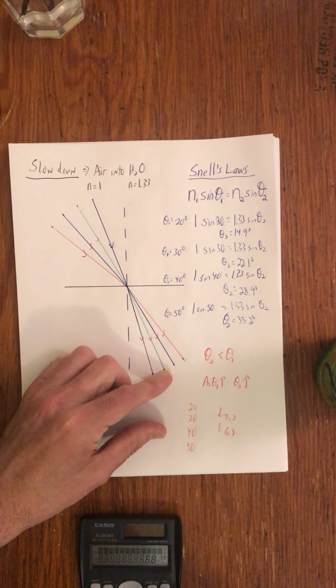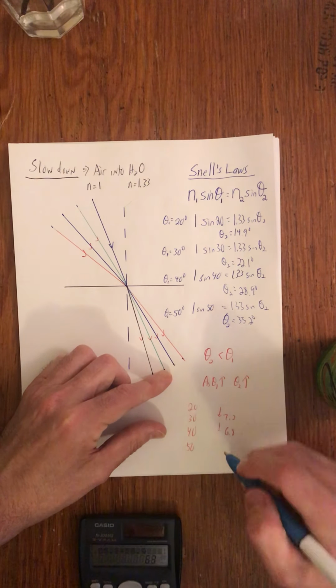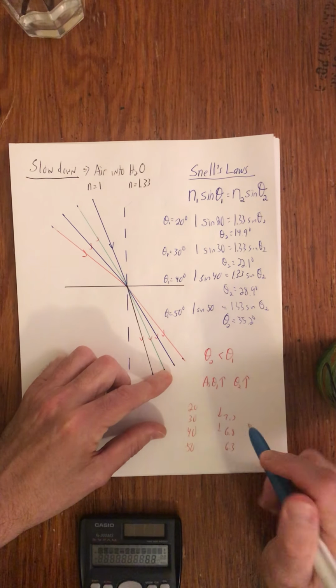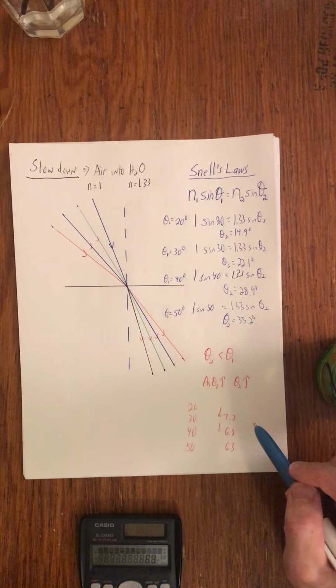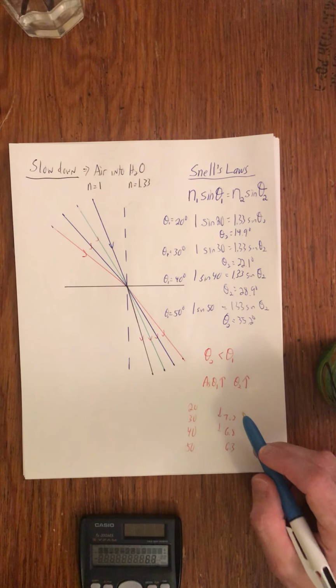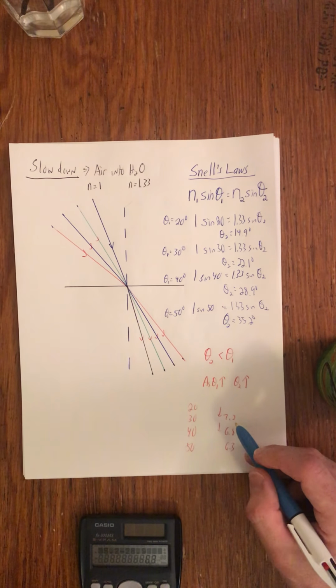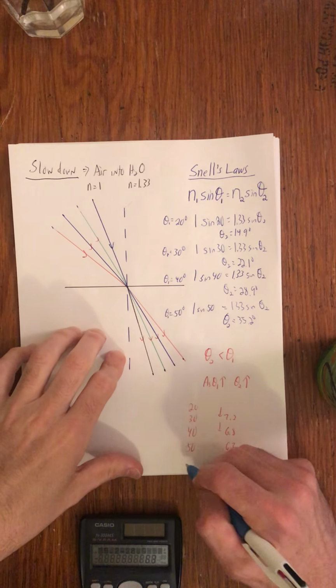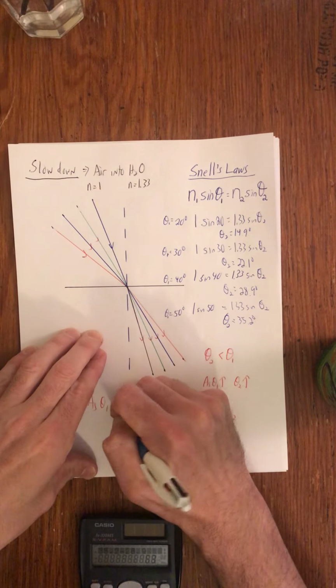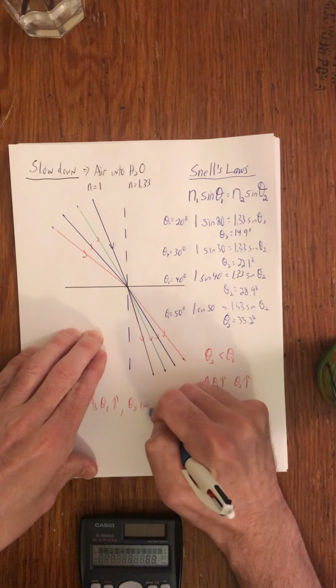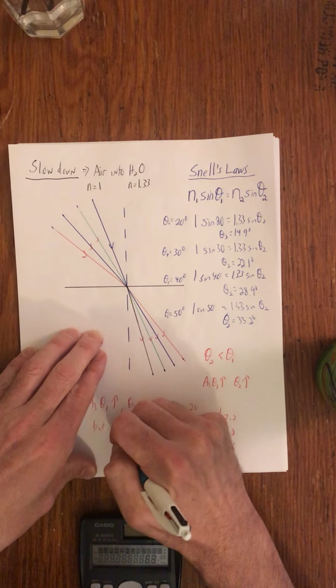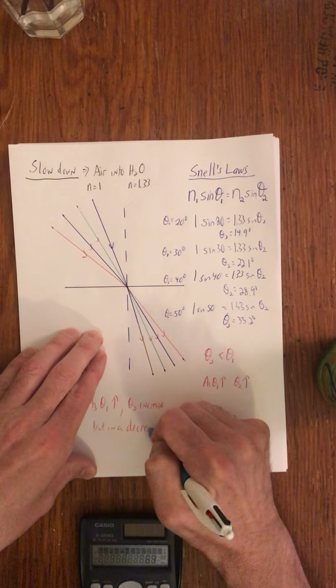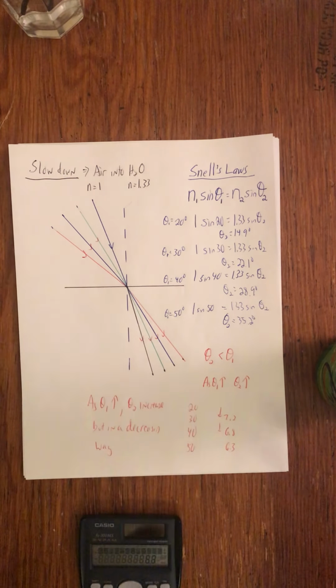And as you go to 50, 6.3. So as theta 1 increases, theta 2 increases, but it increases in a decreasing way, right? And that is fairly common in Snell's law.